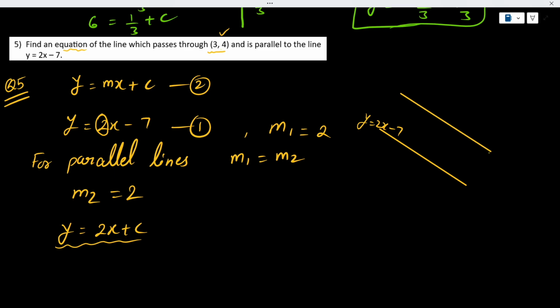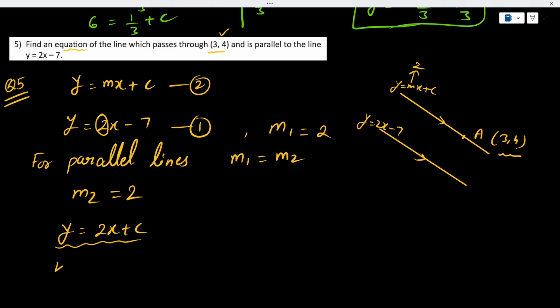So if I have the first line as y equals 2x minus 7, I have to find the equation of this line. y equals mx plus c, where m is going to be 2 because this is parallel to the first line, and m1 equals m2. It is passing through the point 3 comma 4, so that point is going to satisfy our equation.